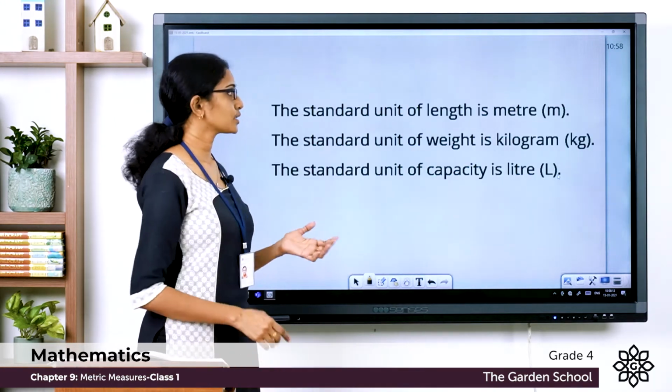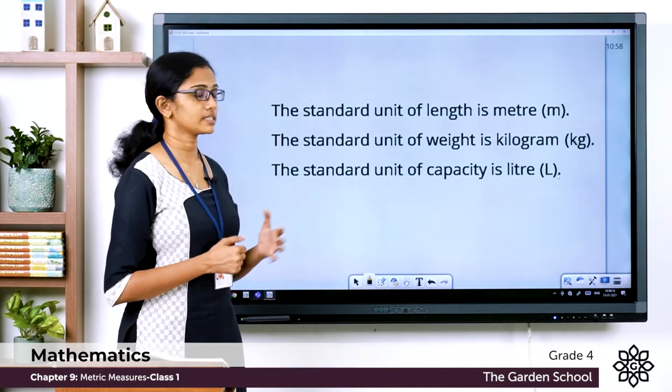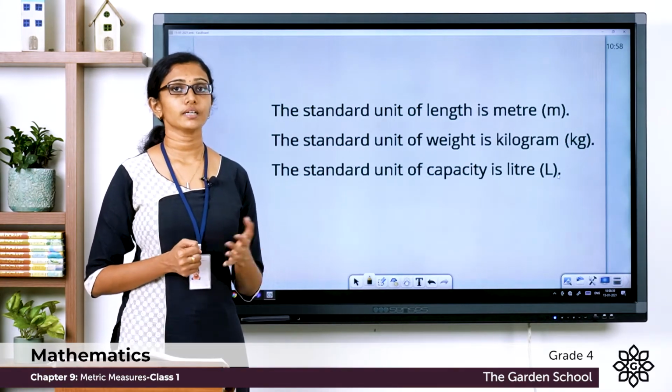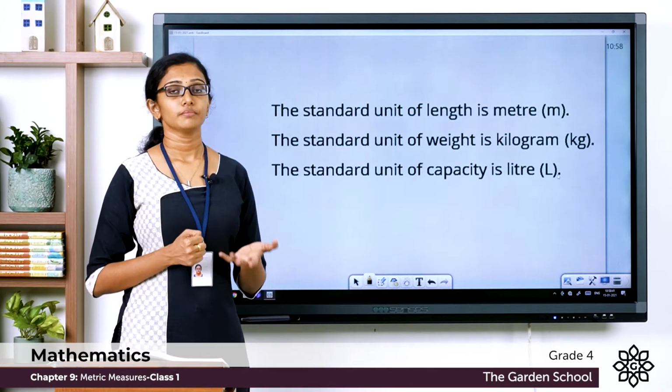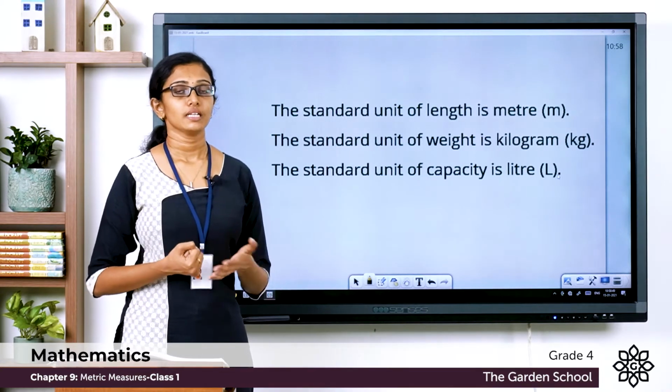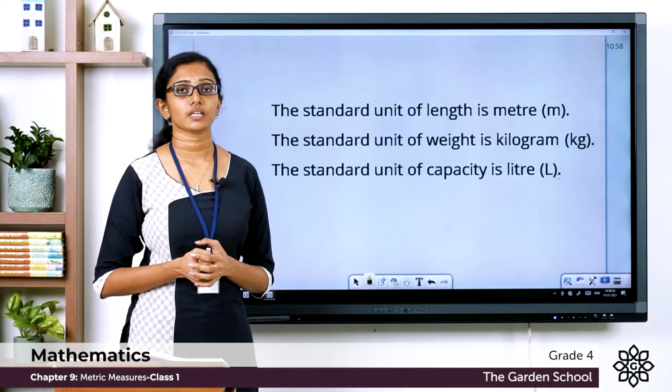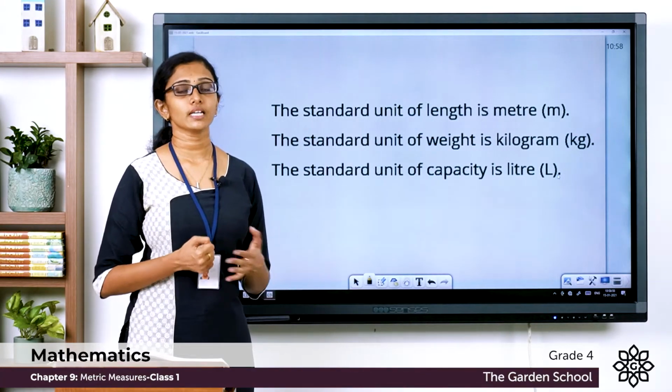Now, the standard unit of length is meter. To measure smaller lengths, the commonly used units are millimeters, centimeters, meters. But to measure larger lengths, such as the geographical distance between two places, we use units such as kilometers.